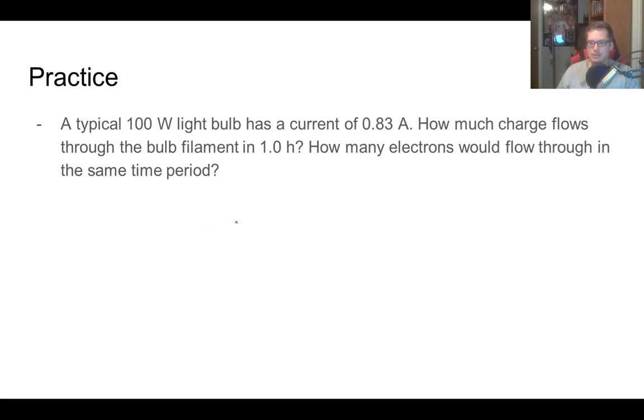A typical 100-watt light bulb has a current of 0.83 amps. How much charge flows through the bulb in 1 hour? This uses our current formula. Current is equal to charge per time, and since it wants to know how much charge, we rearrange so our Q is equal to I times T. Our current is 0.83 amps, and our time, since the SI unit is seconds, we convert to 3600 seconds.